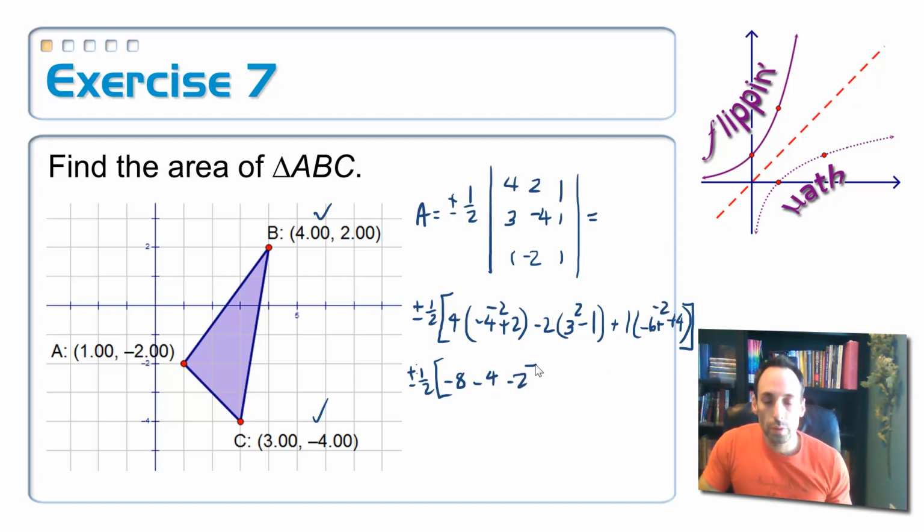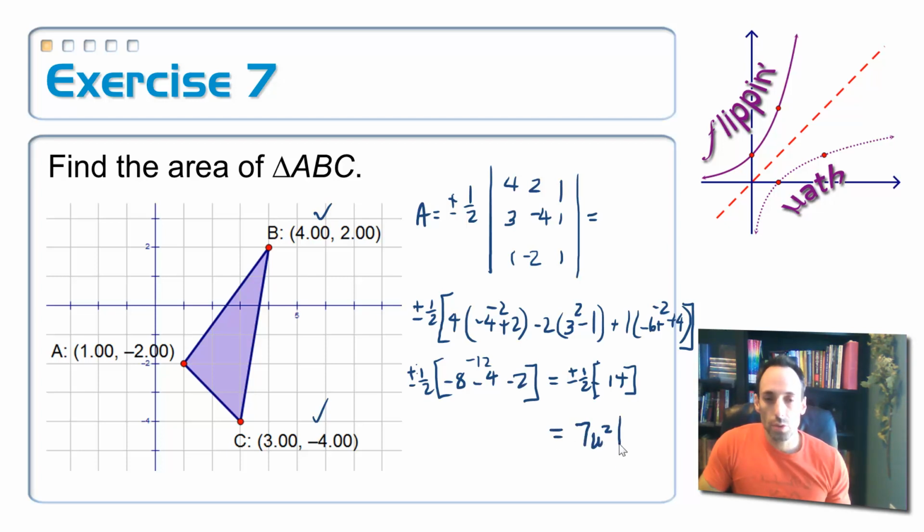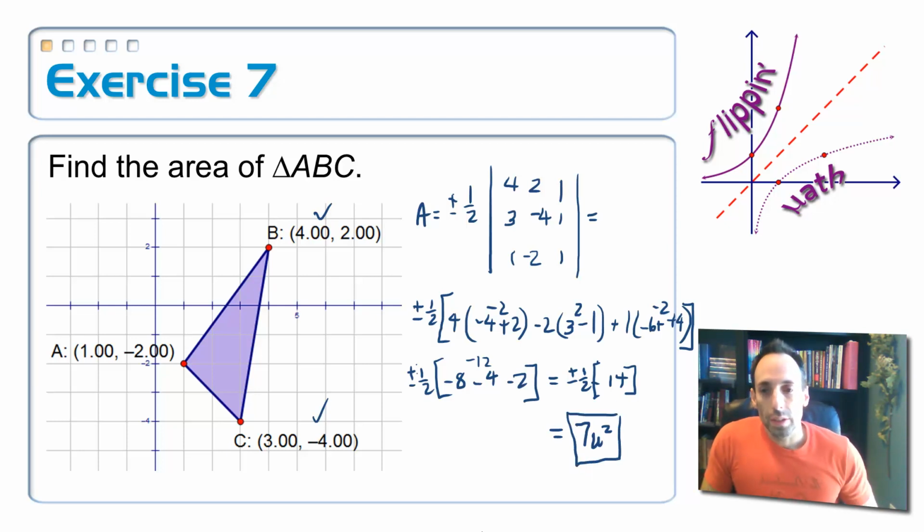That's equal to plus or minus 1/2 of, inside here, that's a -12 minus 2 is a -14. Now here's where the plus or minus comes in handy. If I multiply it times a positive 1/2, I get a negative number. So I'm going to multiply it times a negative 1/2, and I'm going to see that the area here is 7 units squared.